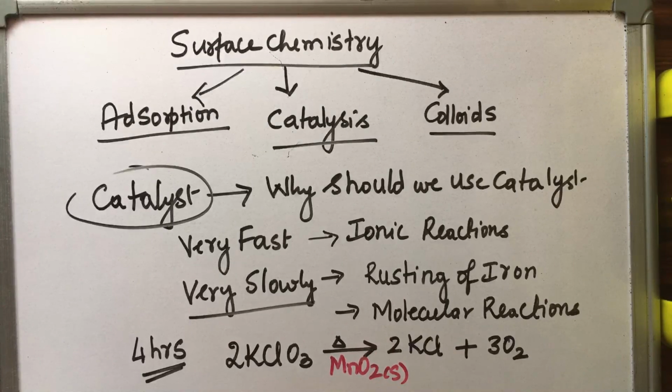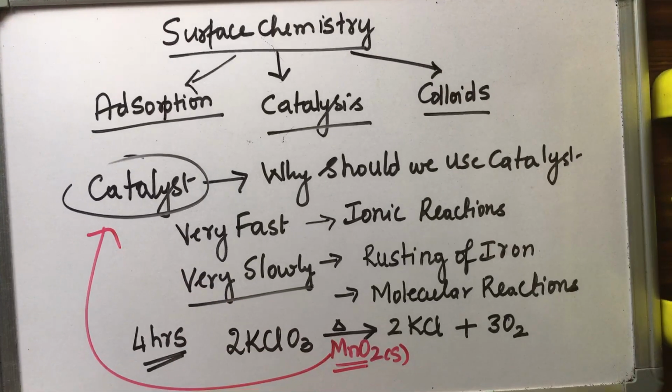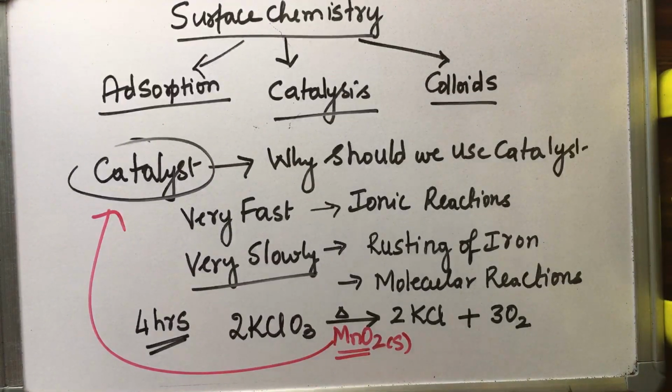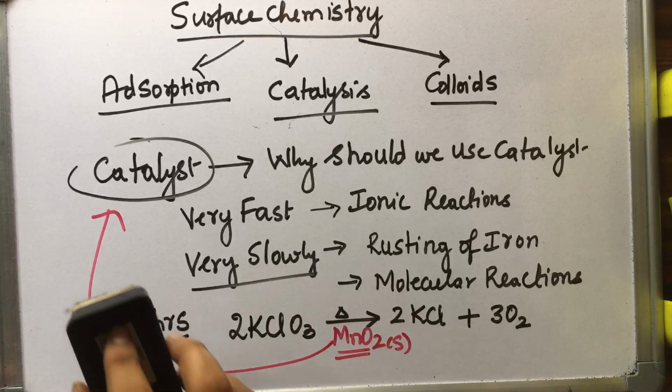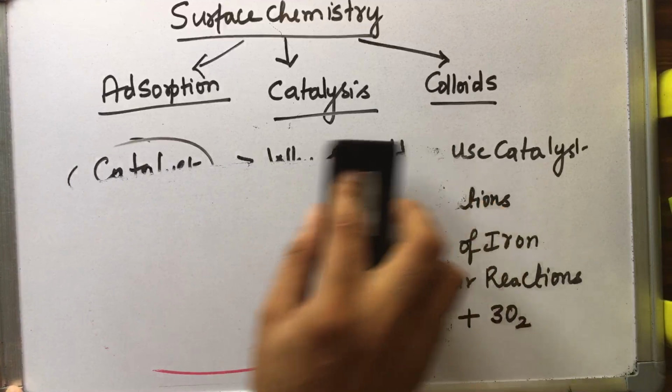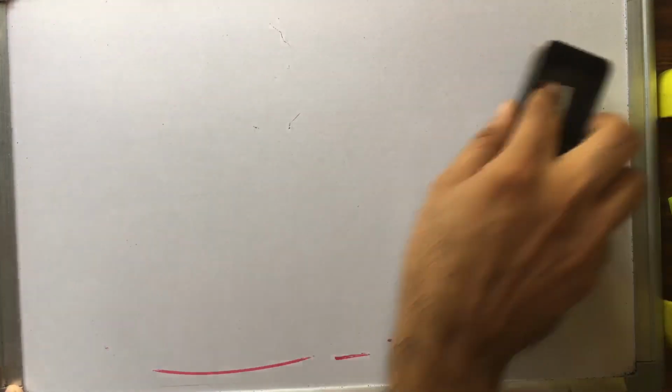It is not a reactant, it is not a product, and we call such a substance a catalyst. I think this point is clear, students. So yesterday we finished this part, and then we also explained the definition of a catalyst. That is what we studied in our yesterday class.